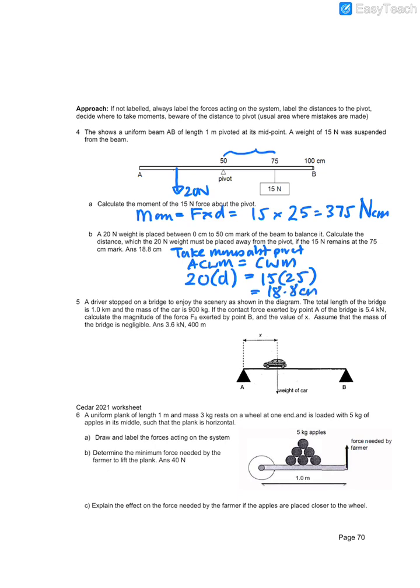Very good. Very straightforward so far. Now next one. The mass of the car on the bridge is 900 kilograms.